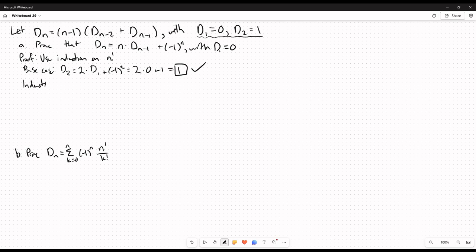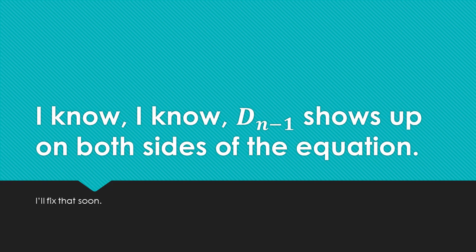Okay. For our induction step, I'm going to start by assuming, and this will look rather nice, that this is true for d(n-1). So if I replace everything with an n minus 1, I'll have (n-1) times d(n-1) plus (-1) to the n minus 1.